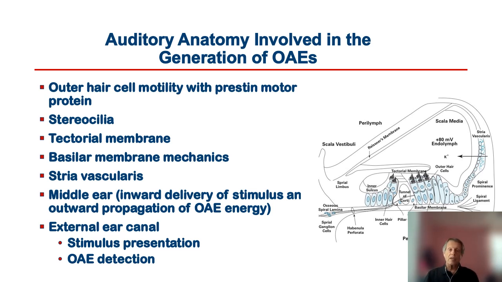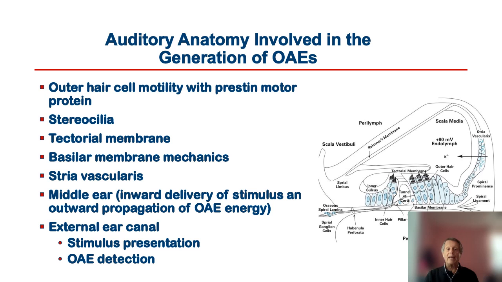But other parts of the cochlea are involved: the stereocilia on top of the outer hair cells, a special protein called prestin that's in the walls of the outer hair cells, and the tectorial membrane. The tallest of the stereocilia on the outer hair cells is embedded in the tectorial membrane. So if the tectorial membrane breaks loose from the stereocilia of the outer hair cells, OAEs will be affected.